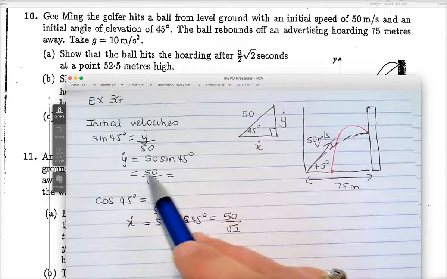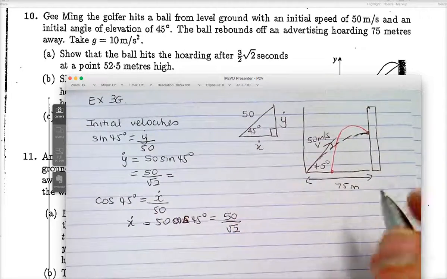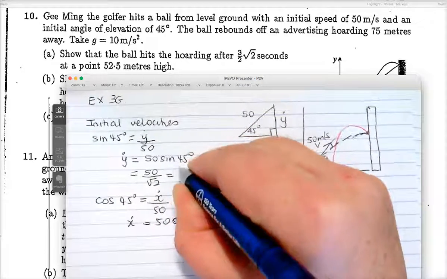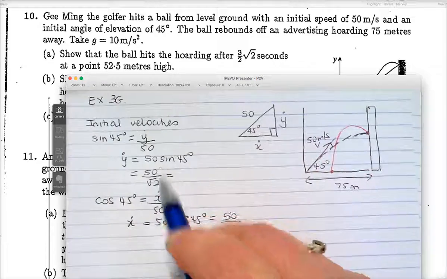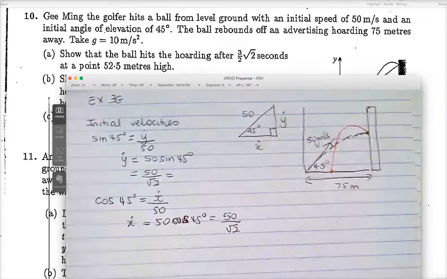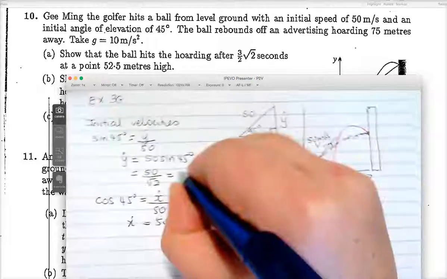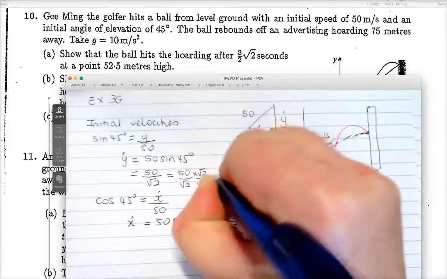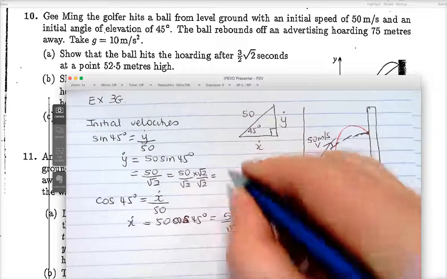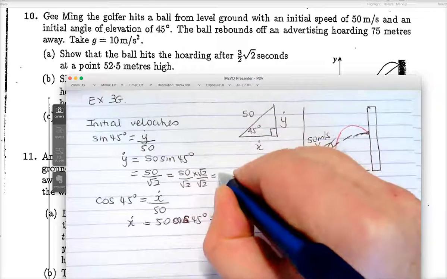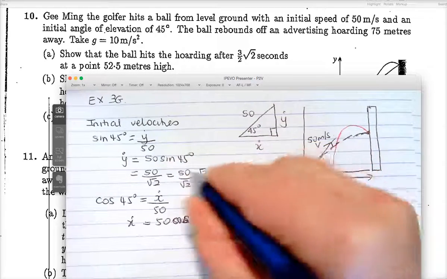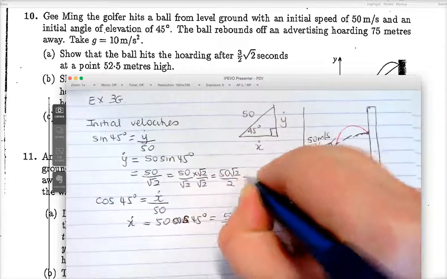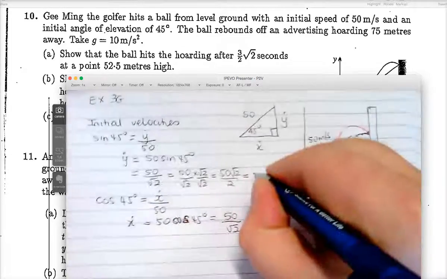Can we actually write that without the root 2 in the denominator? Because it'll get a bit messy. Isn't that 50 root 2 on 2? Don't we times by root 2 on root 2 to rationalize it? So 50 on root 2 times root 2 on root 2 is 50 root 2 on 2, which simplifies to 25 root 2.